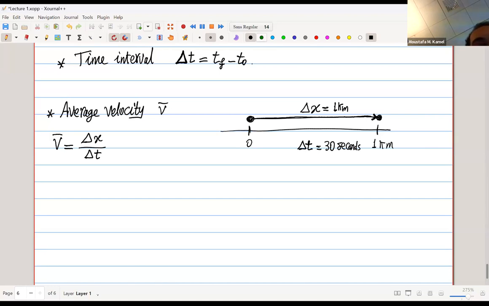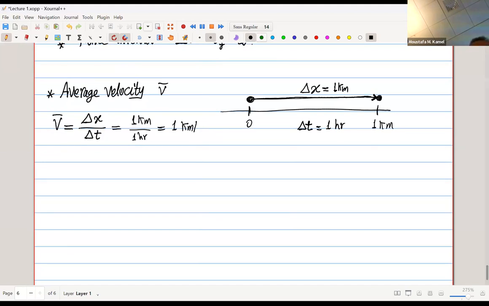So in that case, it's 1 kilometer divided by 30 seconds, which is a weird unit. Actually, we don't have to concern ourselves with conversion. I can just say it covered it in an hour. It's a very slow car. In 1 hour. So the average velocity of that car will be 1 kilometer per hour, which is about half a mile per hour or something. So this is the average velocity.